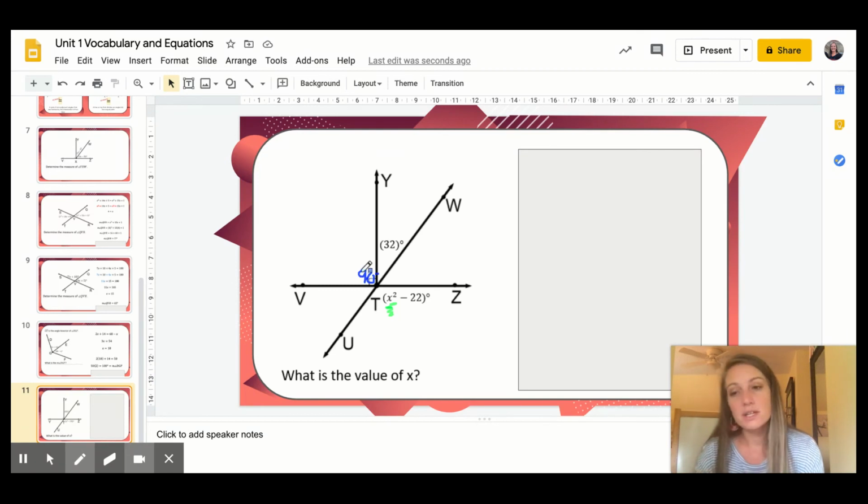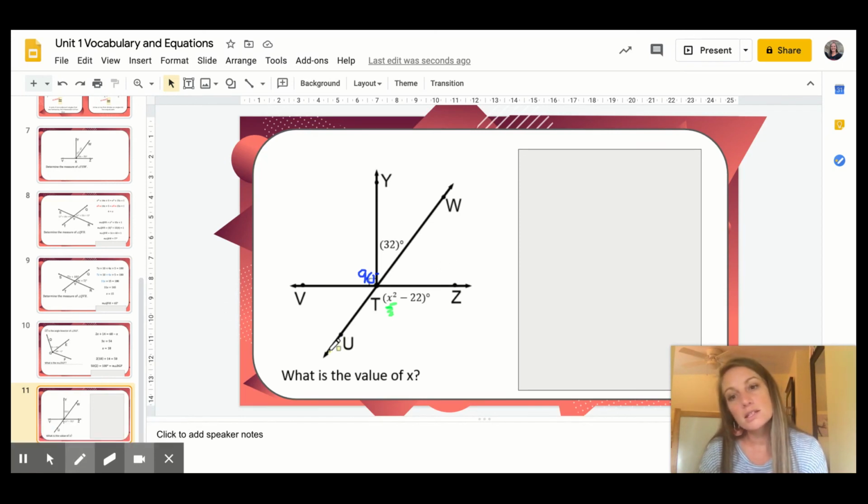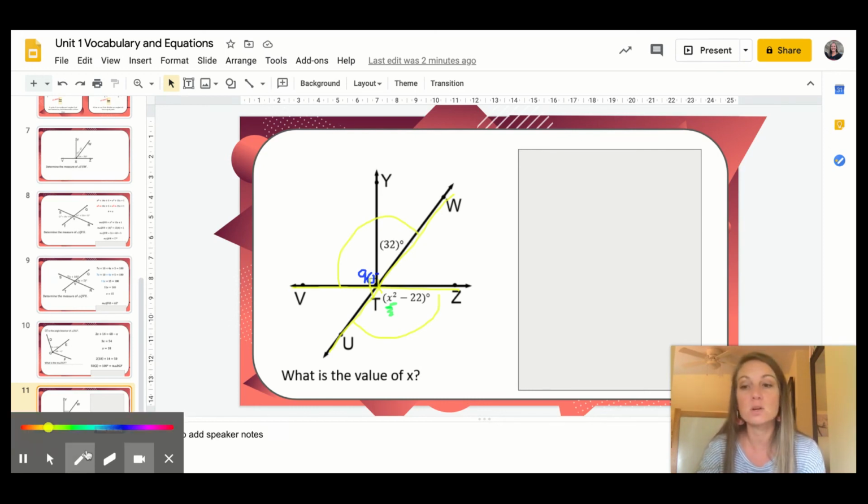I also can tell that this line and this line create vertical angles across from each other. And we know that vertical angles are equal. So this together, 90 plus 32, is going to be equal to x squared minus 22.